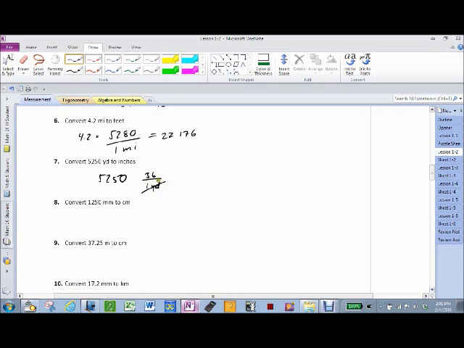The 1 yard cancels, so it's 5,250 times 36, which is a big number. What is it? 189,000. Absolutely correct.